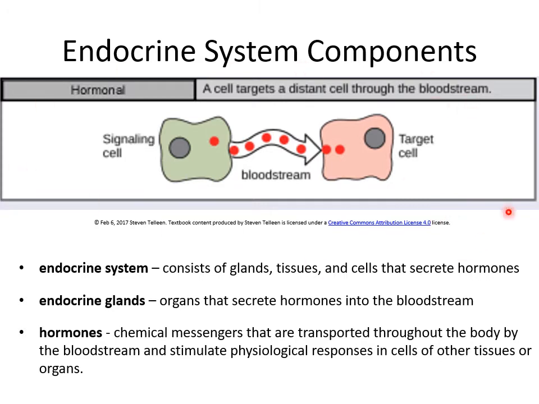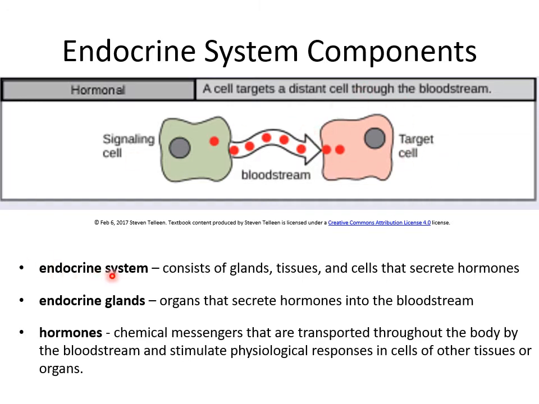So this is a schematic showing the overall setup of the endocrine system. There's the signaling cell, which is in a gland, an endocrine gland, producing a chemical signal that's released into the capillaries that are around the gland, and that carries that chemical signal through the bloodstream to a remote target cell.